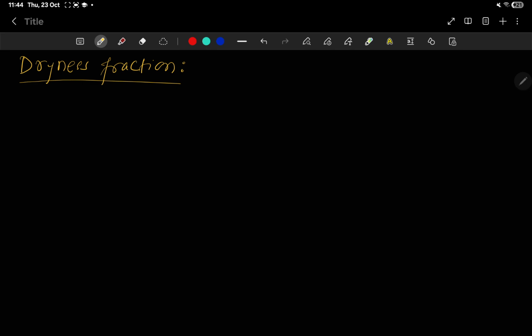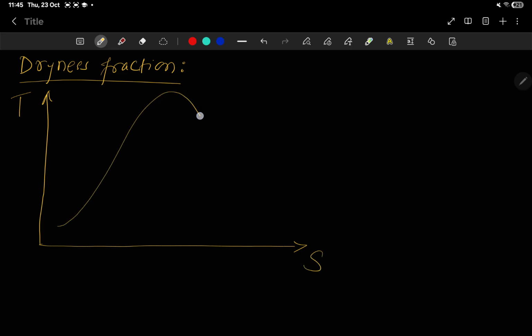If I draw a TS curve, this is the liquid region, and if we go from here to here, we get the vapor region.